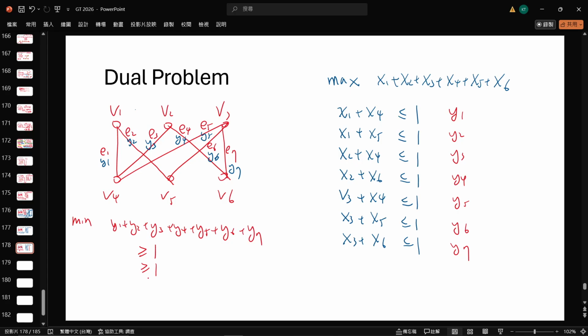It's at least 1, okay? So these are the right-hand side of the constraint, which corresponds to the coefficient in the objective function. Because we want to have an upper bound.